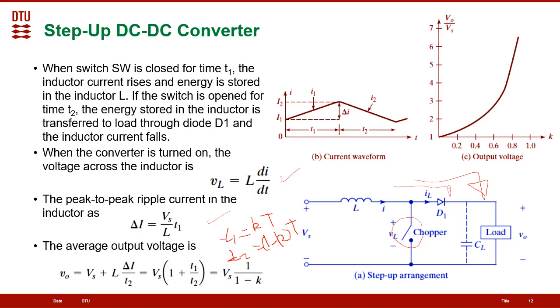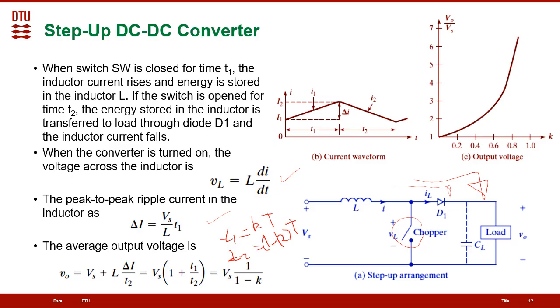From this we can do some simplification, and the output voltage will be Vs over (1 minus K). It's clear this formula shows that this will be a boost converter, because if K is very small, say around 0.1, then this will equal 1 over 0.9, which is actually amplification, but not too much.